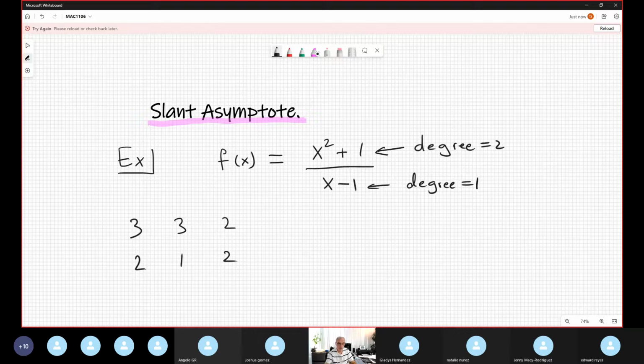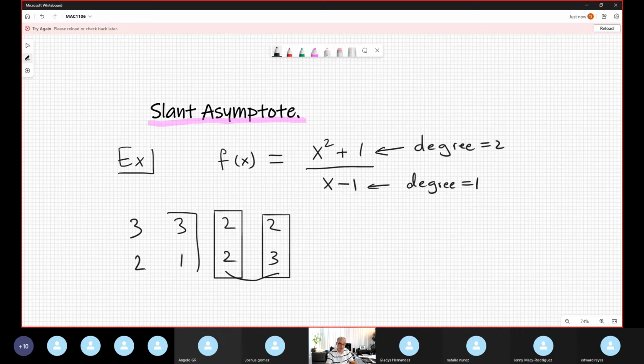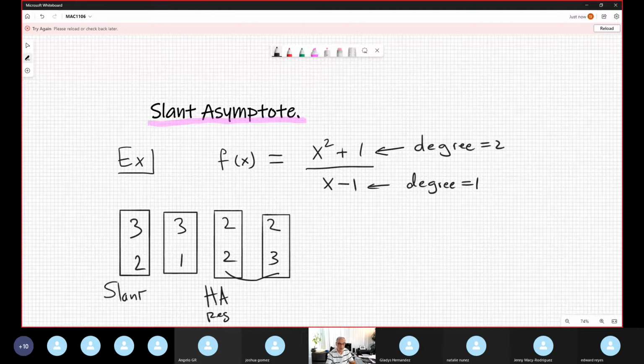And if you have, for example, 2 and 3, that is also horizontal. This is the regular case. This is a special case. This is nothing. And this is a slant. Make sense? Yes. Horizontal asymptote, regular. Horizontal asymptote, special. This is nothing.